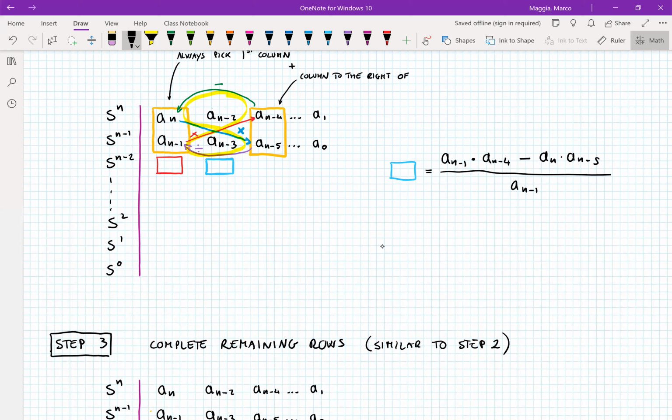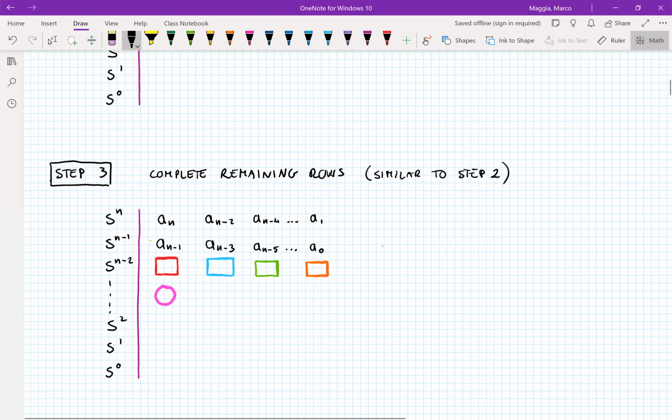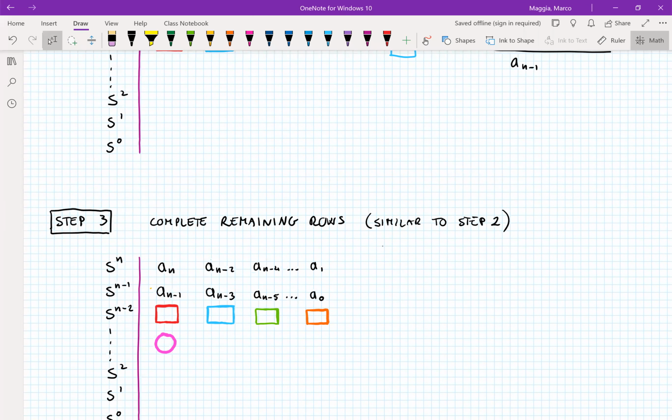All right, so then what you want to do is you complete in the same fashion the remaining terms of the third row, and then you start with the following row, that is the fourth row.